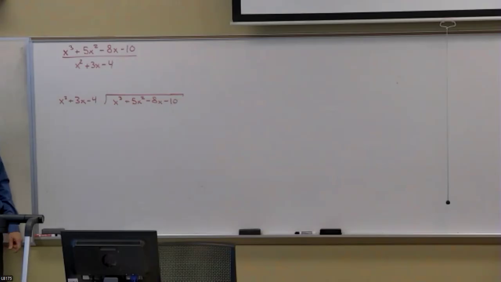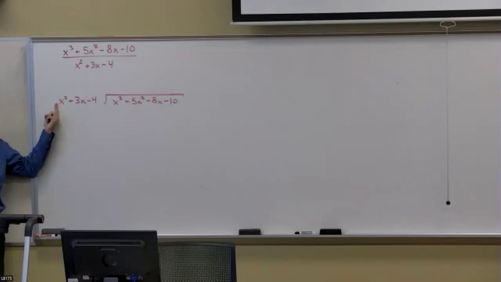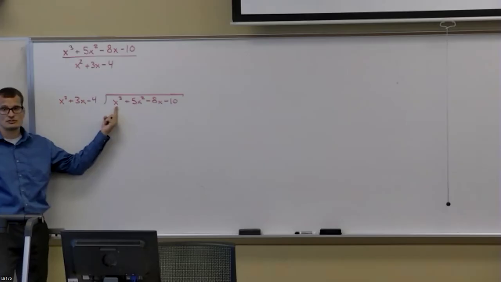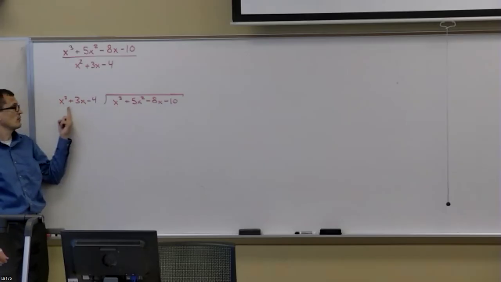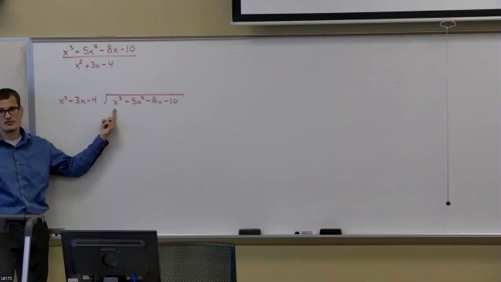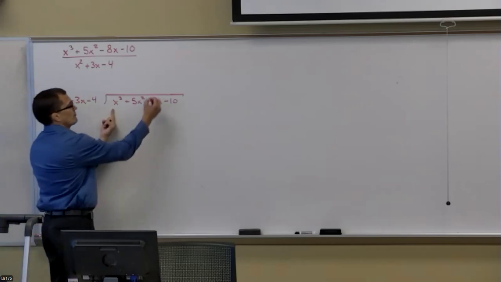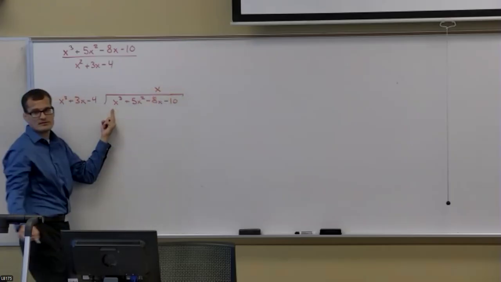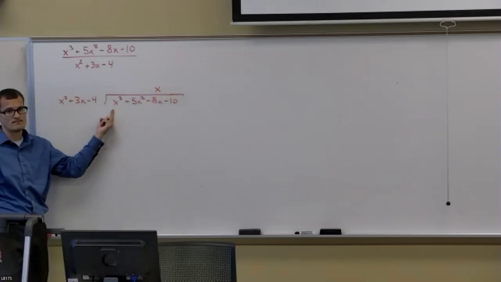And then I ask, what do I multiply the lead term of the divisor by to match the lead term of the dividend? You'd say, what do I multiply x squared by to get an x to the third? You would have to multiply by an x. So you write that up there.